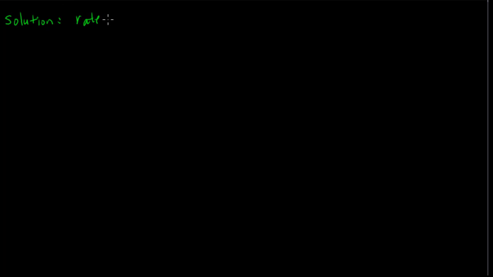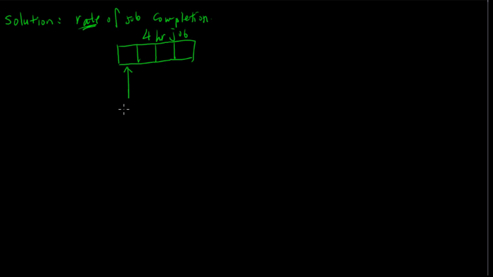Let's talk a little bit about a rate of job completion. Let's see, if I have a job that requires me, let's say, 4 hours to complete. So this is a 4-hour job. The rate of job completion, in every hour, I can complete a quarter of the job per hour.